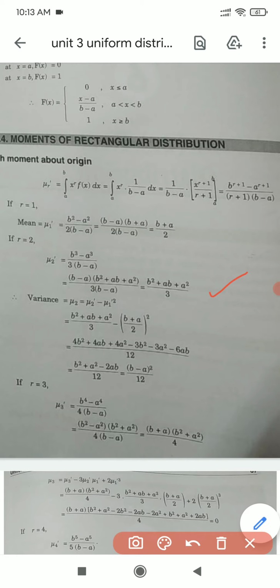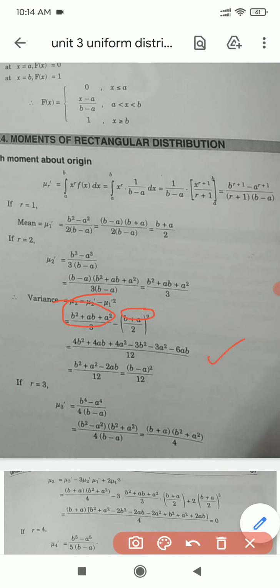Now this mu2 dash minus mu1 dash square, we will put it here. We will get the answer as, this is 2 square, so it will be 4. So this 4 into this 3, it will be 12. 4 3s are 12. Then we multiply this part by 4 and this part by 3.